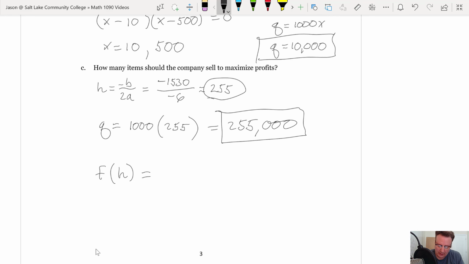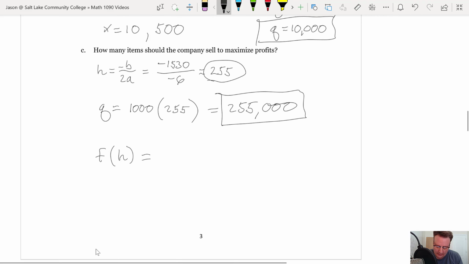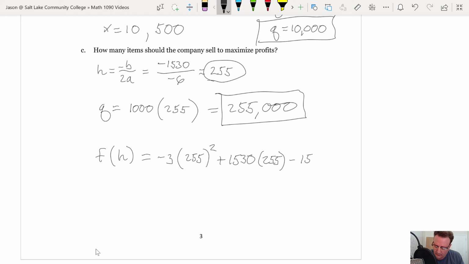So that would be negative 3 times 255 squared plus 1530 times 255 minus 15,000.